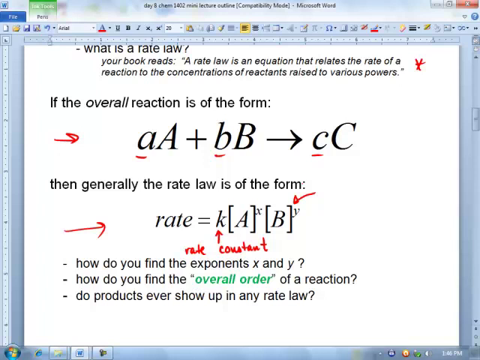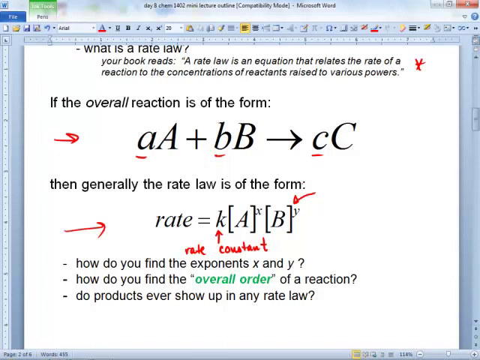So the brackets mean concentrations, right? What were the units that we used a lot for concentration? We use molarity, big M. That's concentration, and that's what the brackets mean.